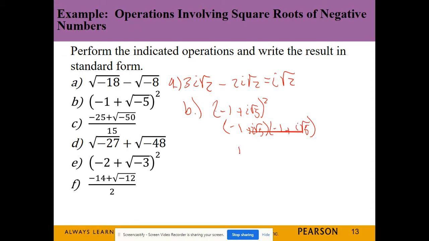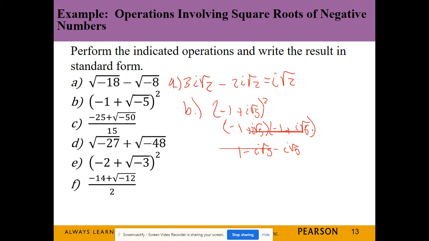Negative 1 times negative 1 is 1. Negative 1 times i root 5 is negative i root 5. i root 5 times negative 1 is negative i root 5.